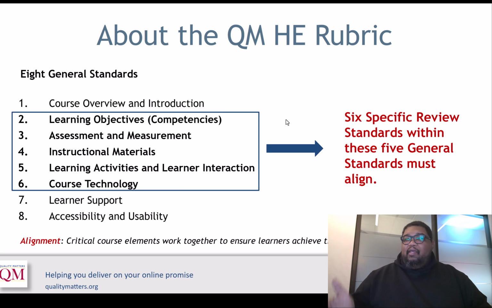When you are baking a cake, some of you are great bakers, the recipe is very straightforward. You use the correct measurements, you use the correct ingredients, you get the cake exactly how you envision it. Obviously, reviewing an online course is not that simple. It is a bit more complex.